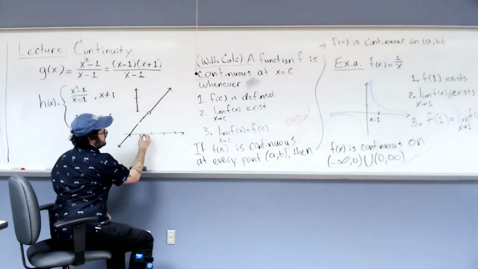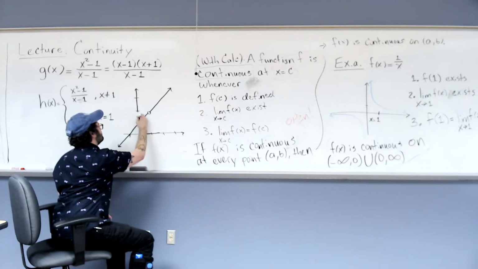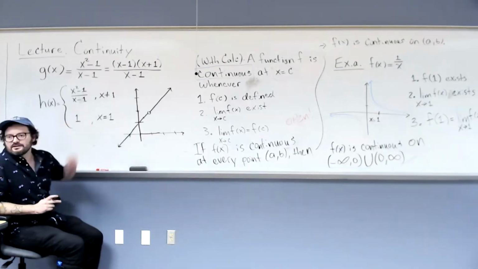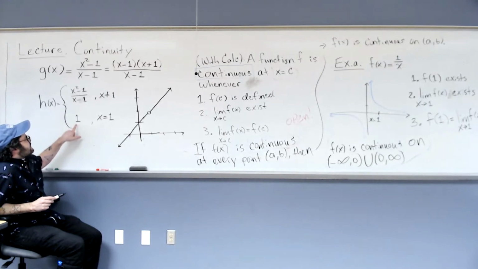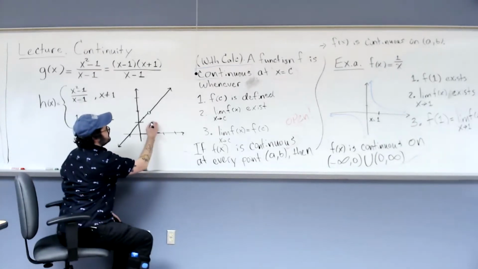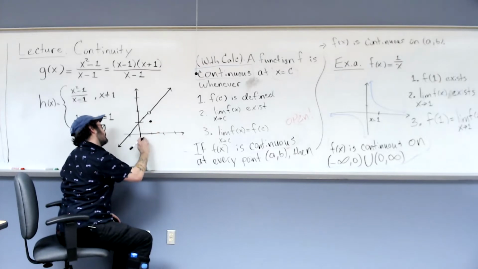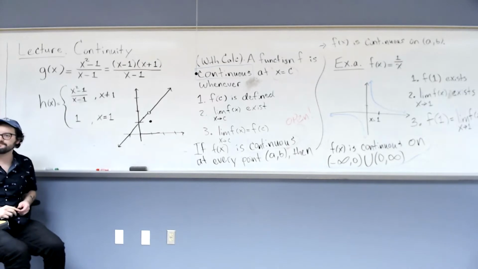The graph basically looks very similar, right? Because pretty much everywhere, it's that, which is what we plotted there, right? However, now at x equals 1, the function's value is 1. So here at 1, right there. That's the graph of this h function.